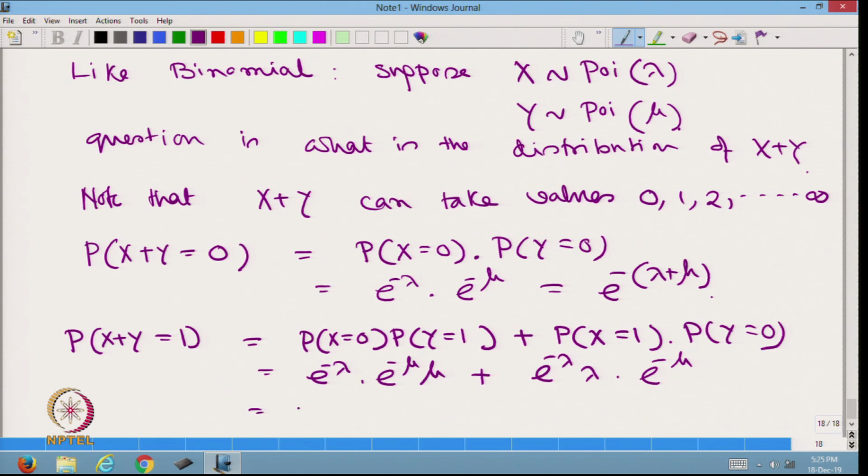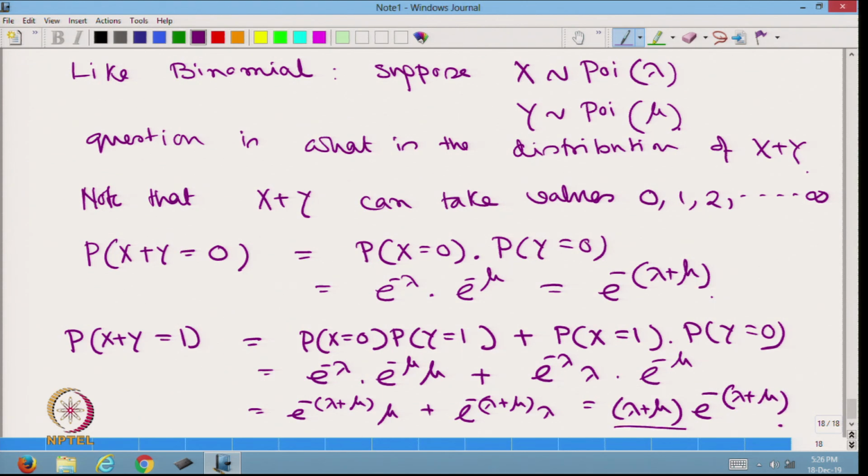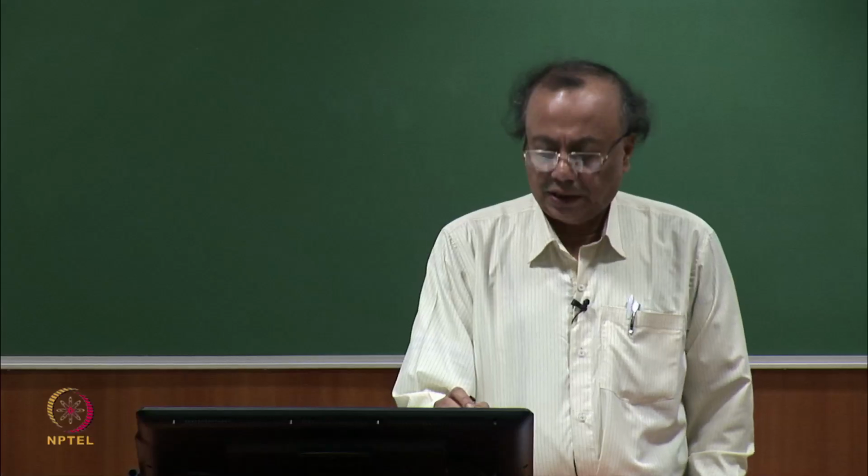This is equal to e to the power minus lambda plus mu multiplied by mu, plus e to the power minus lambda plus mu multiplied by lambda, which is equal to lambda plus mu into e to the power minus lambda plus mu.